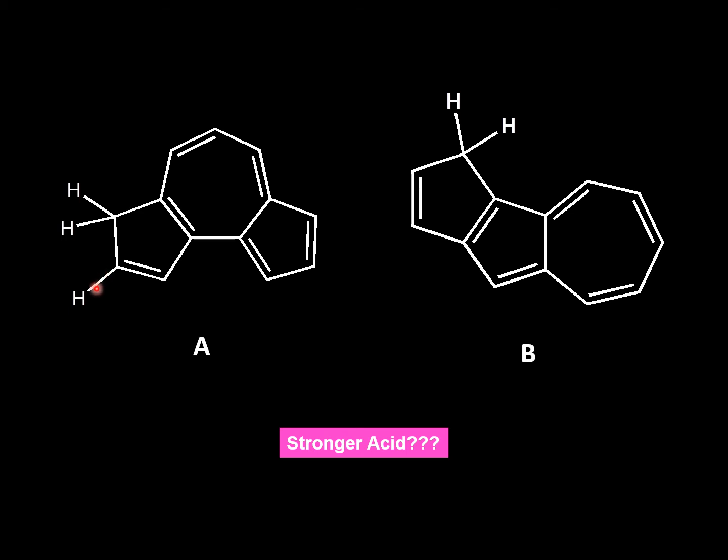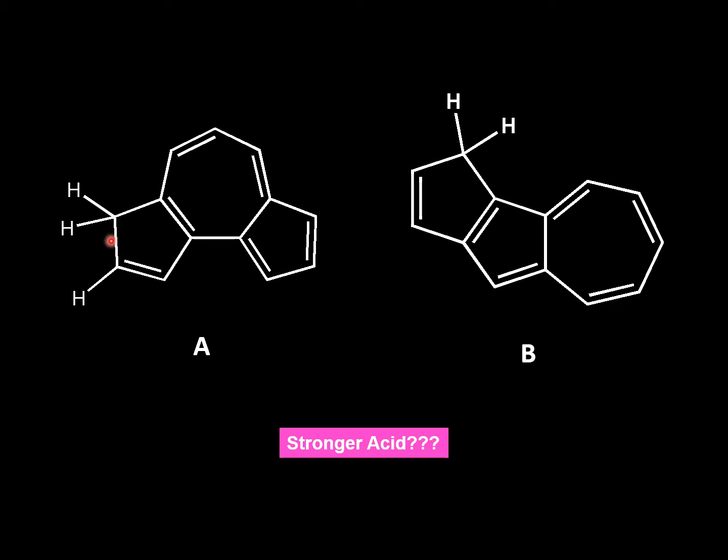So when we are thinking about the acidity of the molecule, we will see the dissociation of the weaker bond, that is the carbon-hydrogen bond which contains sp3 carbon.